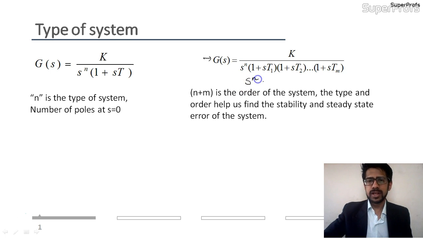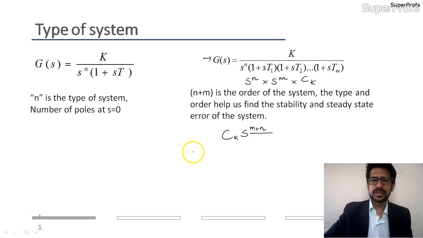Highest power will be s raised to n into s raised to m, because all these s will be multiplied at a certain point and you have m such terms. So the highest term will be some coefficient into s raised to m plus n, and this will be the highest exponent in the characteristic equation. So the order of the system will be m plus n.